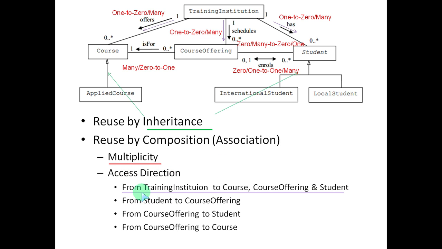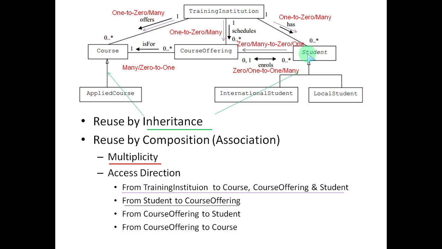And then notice there are also the so-called access directions. The first thing to note is that you can access the objects of the types course offering and student from the training institution. So the access is from this class, the object pertaining to this class, to the rest of the classes. And then also from student to course offering.